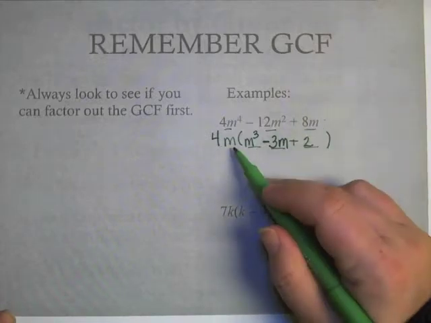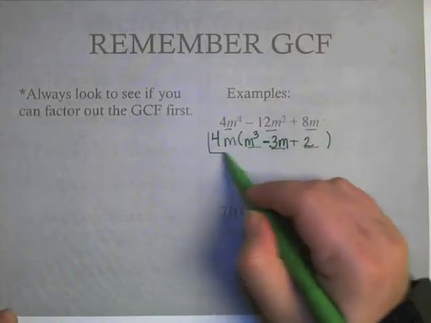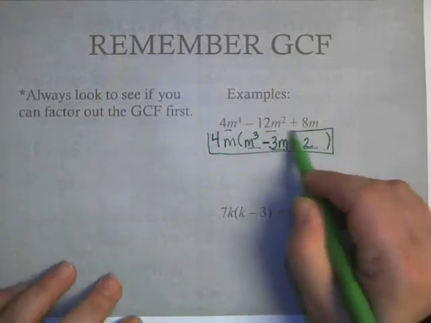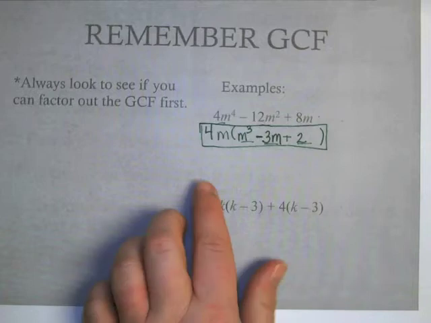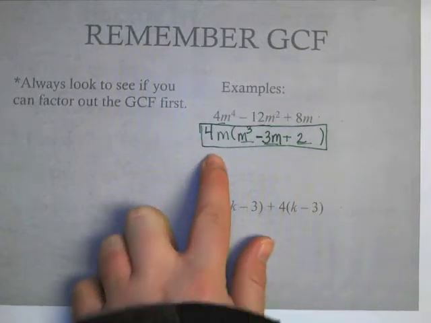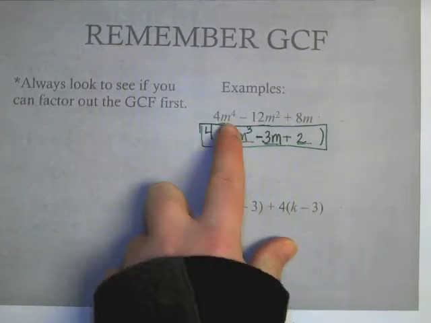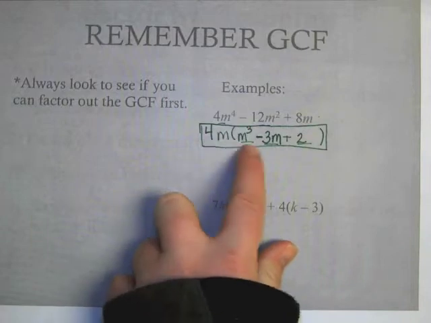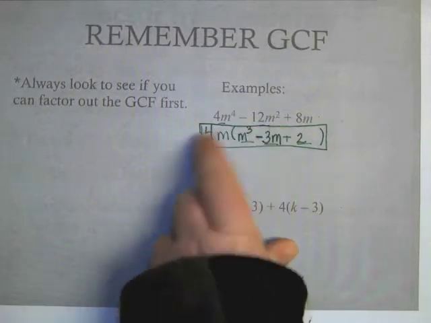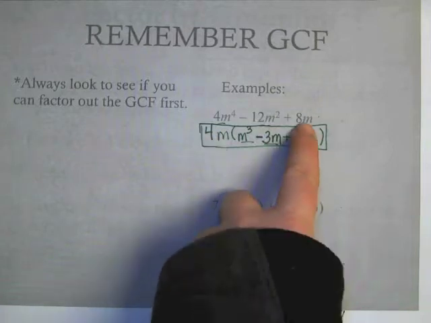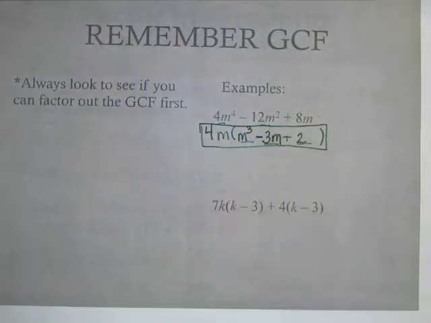We already took that m out, so this would be our answer. Remember, you can check it by working backwards and distributing. So if we were to distribute through this, we would distribute 4m times m to the third, which would be 4m to the fourth, minus 4m times negative 3m would be negative 12m squared, and then 4m times 2 would be 8m. So that is correct.